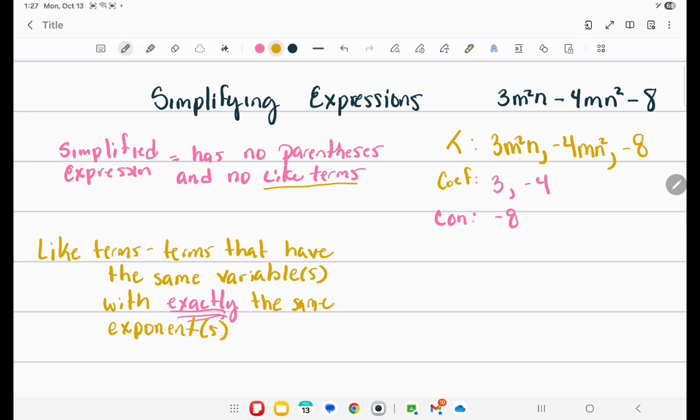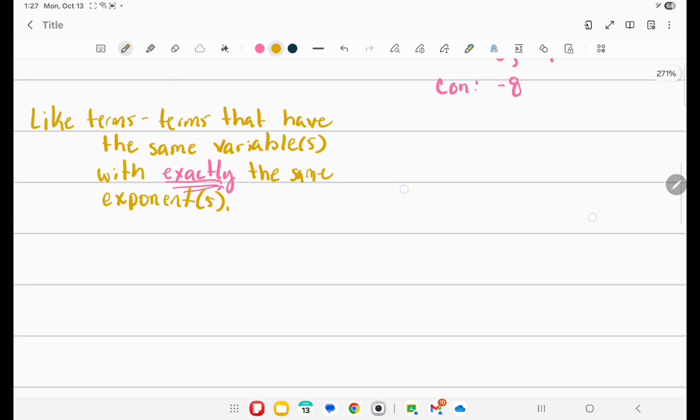Underline exactly. And if you have an S, you may have more than one exponent in that term. All right. Like terms are terms that have the same variable or variables with exactly the same exponents. Exactly the same exponent. That's all a like term is.